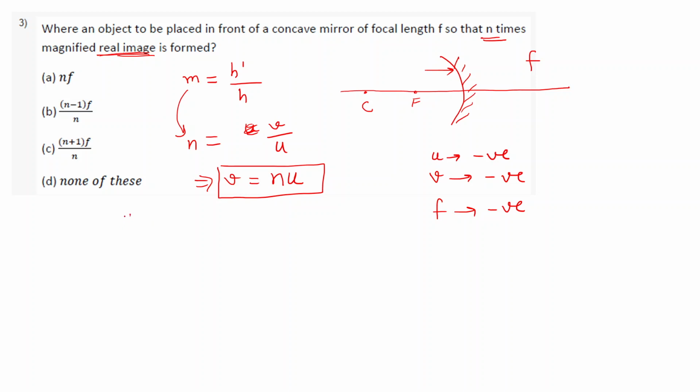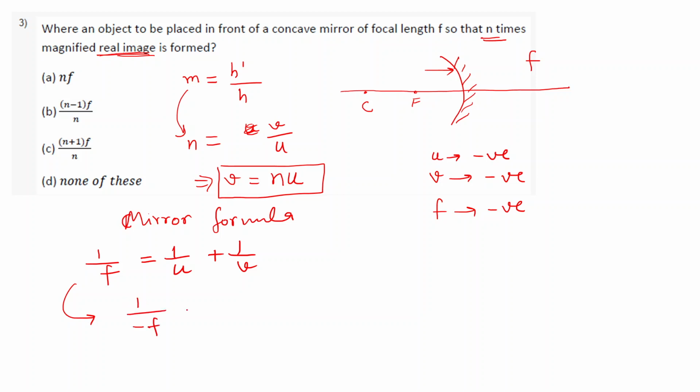Now using the mirror formula, 1 over f is equal to 1 over u plus 1 over v. Now as per sign convention, the focal length is negative, object distance is negative, image distance is also negative.